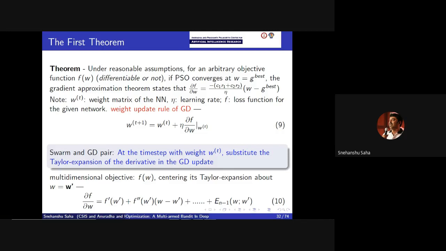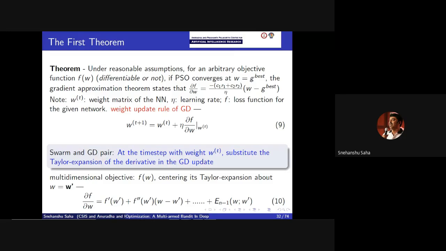That particular person's concern was that there are too many confusing notations and it doesn't make sense to him. So what we did was to show, in a very simplistic notational sense, how the two things, particle swarm and gradient descent, are coming together.